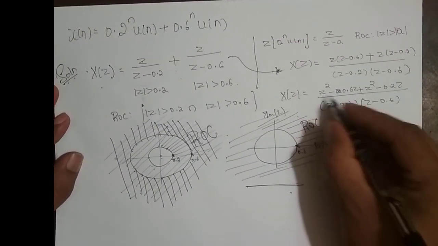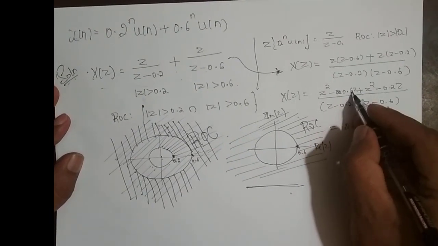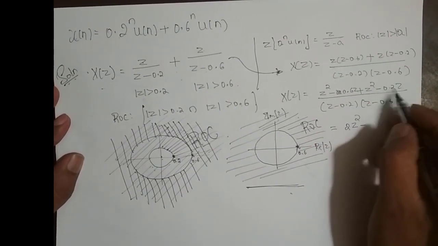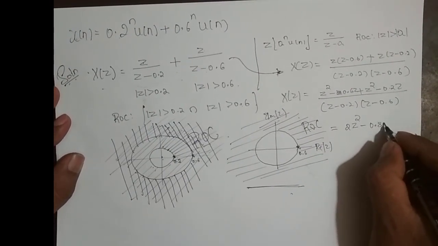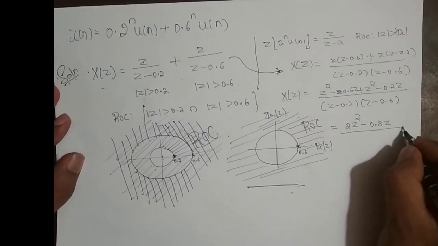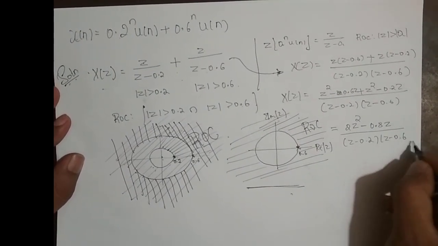So this is equal to 2 z squared minus 0.2z minus 0.6z, which is minus 0.8z, divided by z minus 0.2 into z minus 0.6.